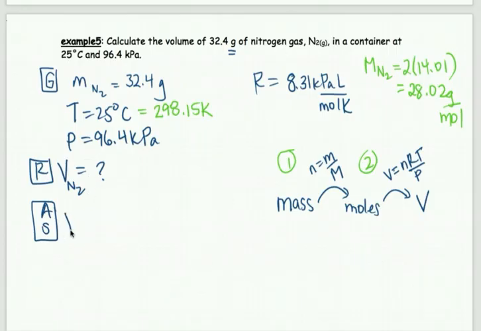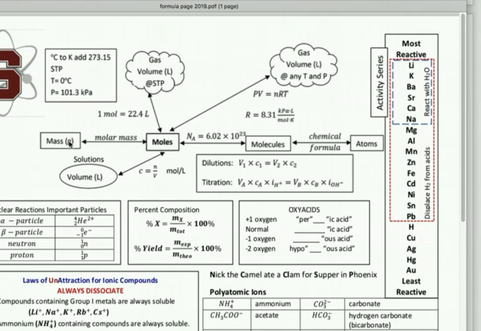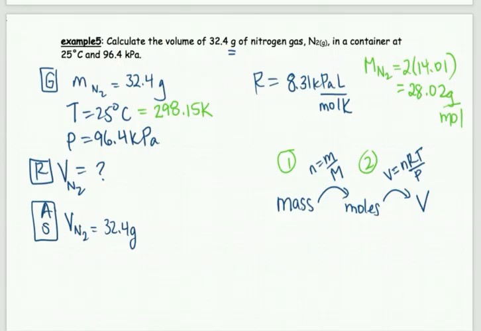To get to the volume, we're going to start with the mass of nitrogen, and then we're going to use the R value next. Oh no, we're not going to use the R value yet; we're going to eventually get to it. We need to use the molar mass to get to moles first. So we're going to use the molar mass here and flip it, so there goes the grams.